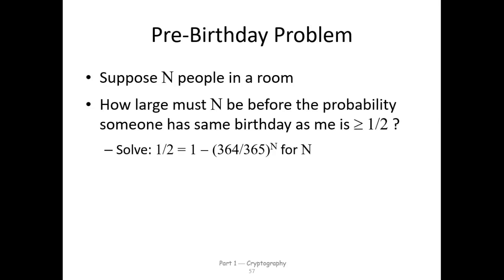In a year there are 365 days. Except for me, we subtract, so that is 1 minus (364 by 365) raised to n. That is the probability. We need to solve this equation to get the value of n.